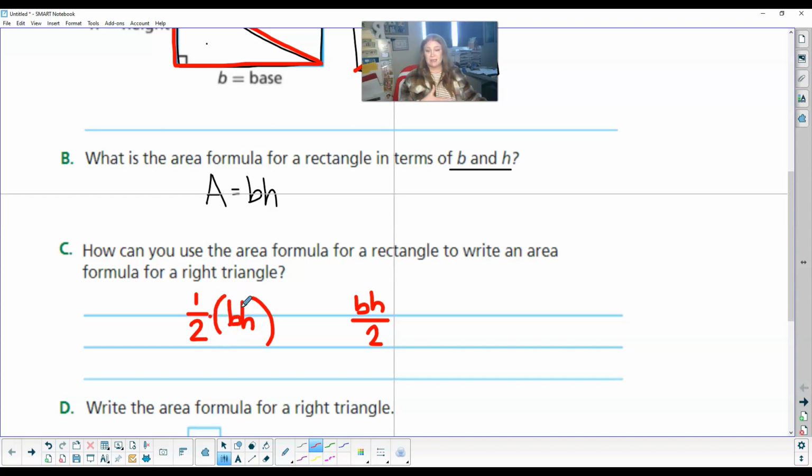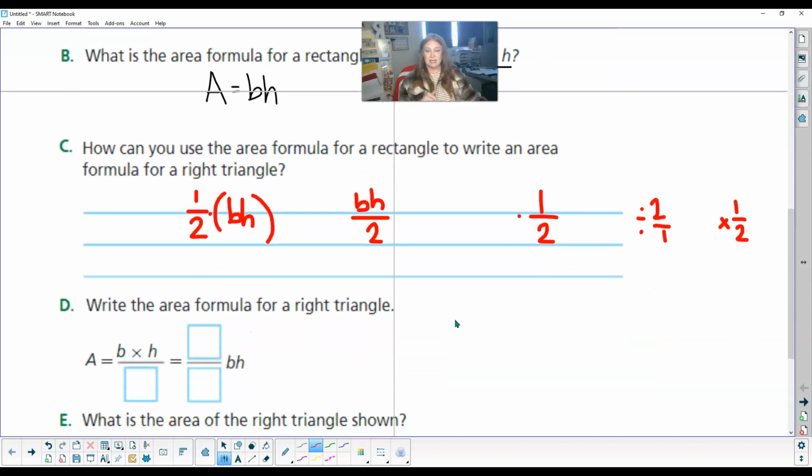Of means multiply, or I can divide by 2. These are the same. Multiplying by a half and dividing by 2 are the same thing.